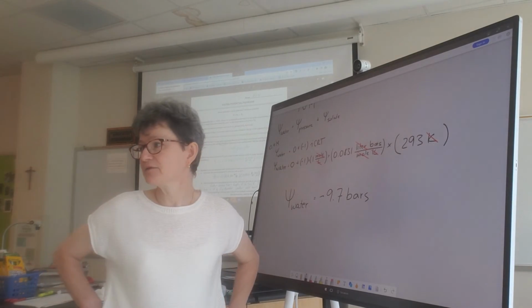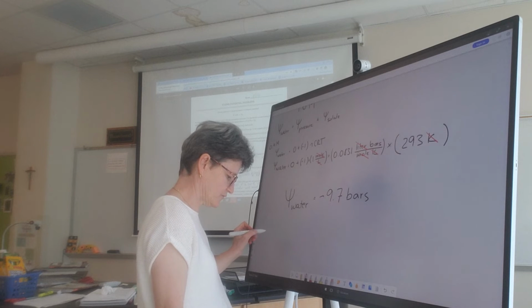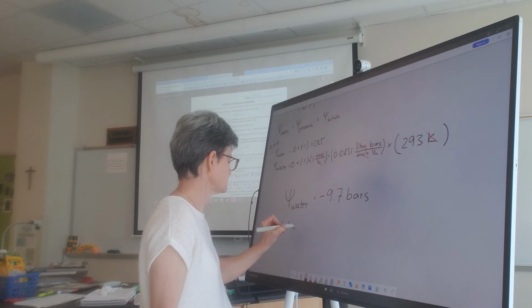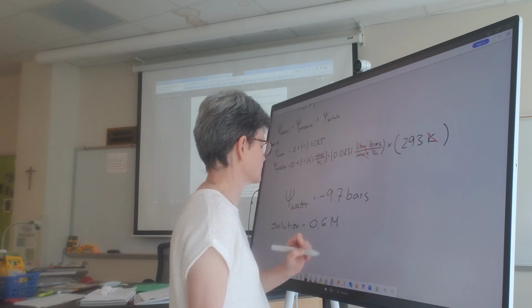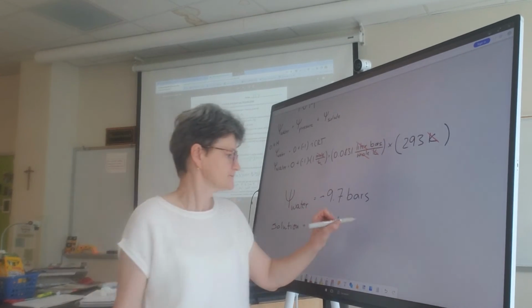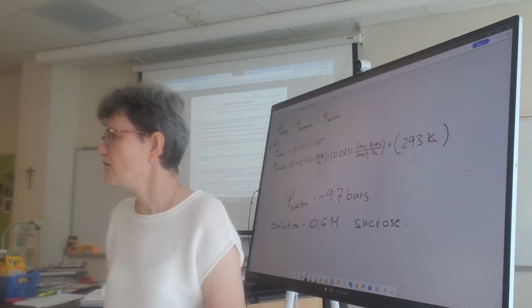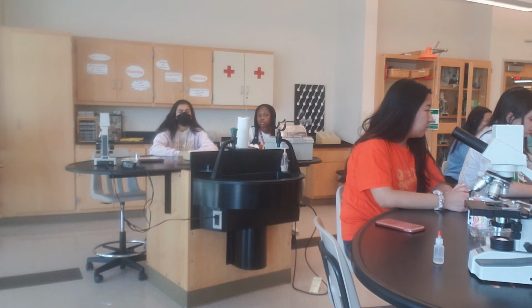Let's calculate on your own now the water potential for the solution that is 0.6 molar sucrose. Everybody is working on their own. We have negative 14.6 bars.